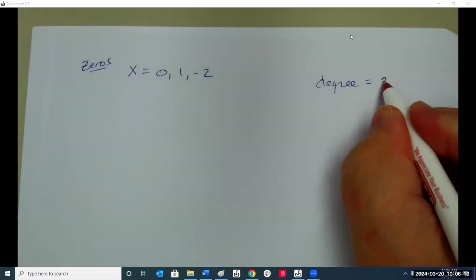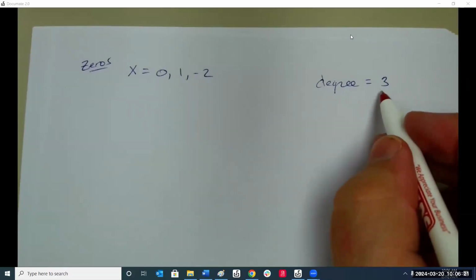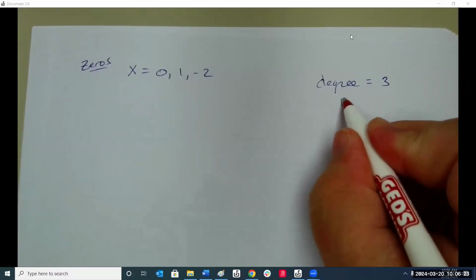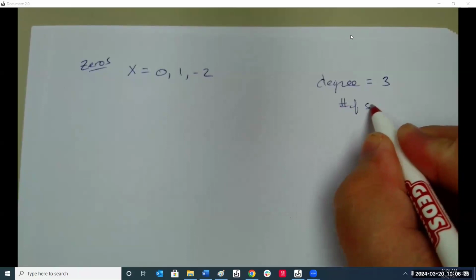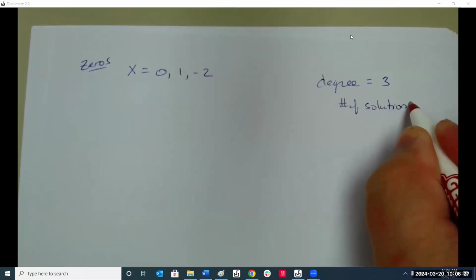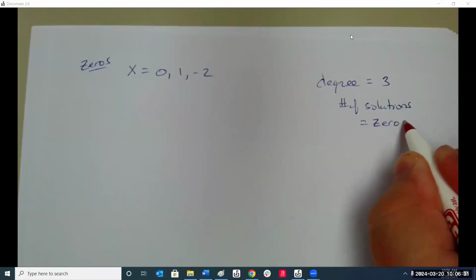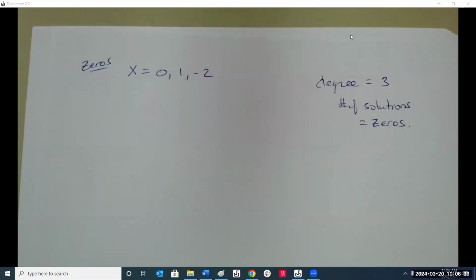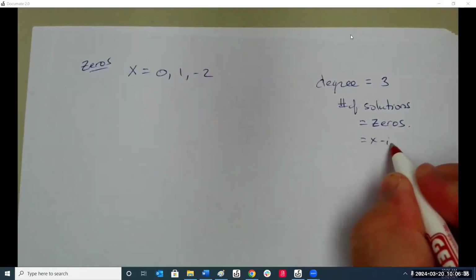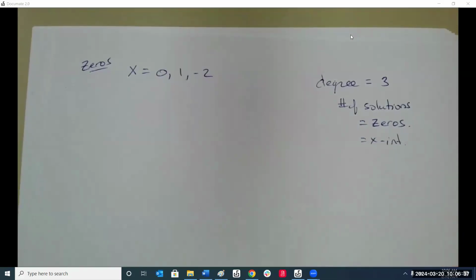Yeah, because the degree is the number of solutions. The number of solutions are my zeros or my x-intercepts. You see how these names are all the same? Solutions, zeros, x-intercepts. They're all found at the same locations, just written differently.